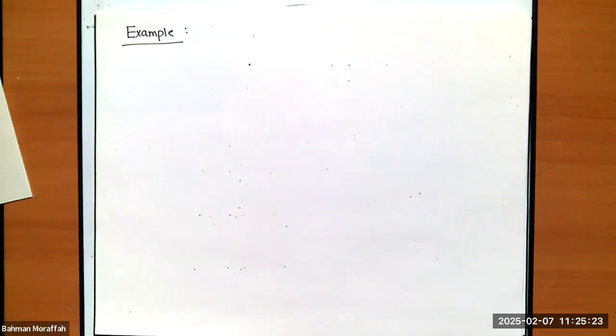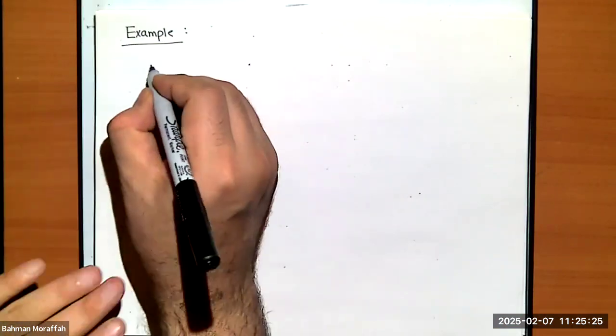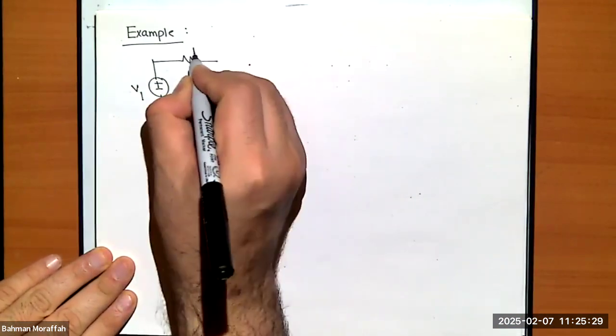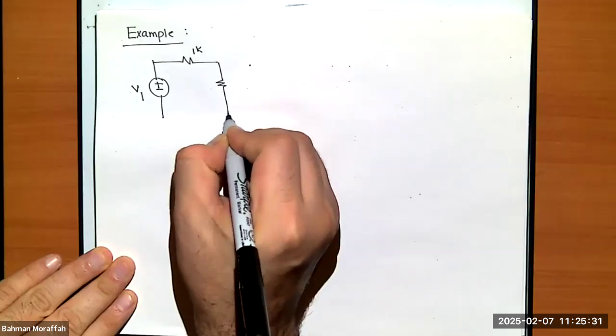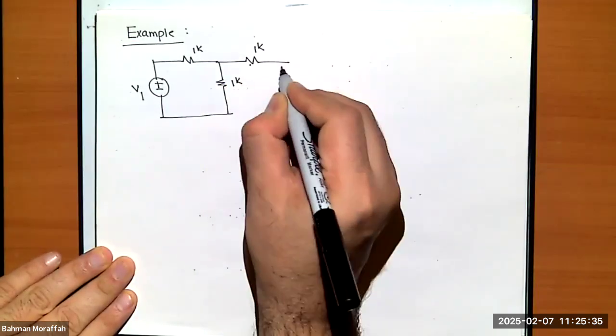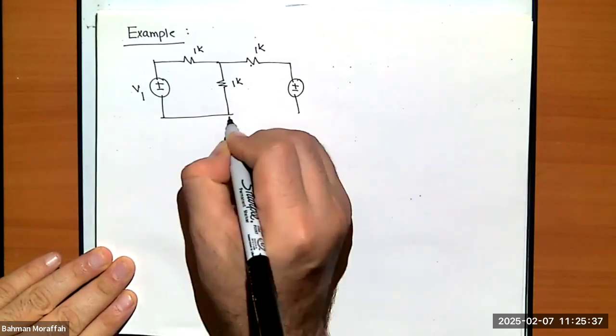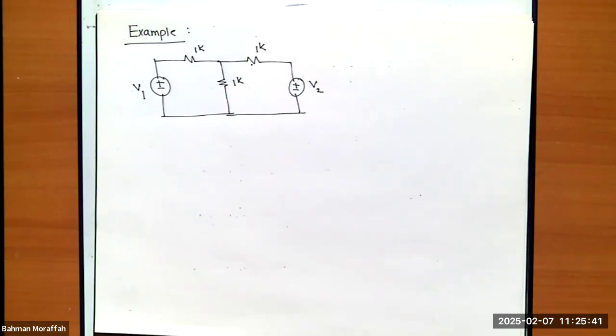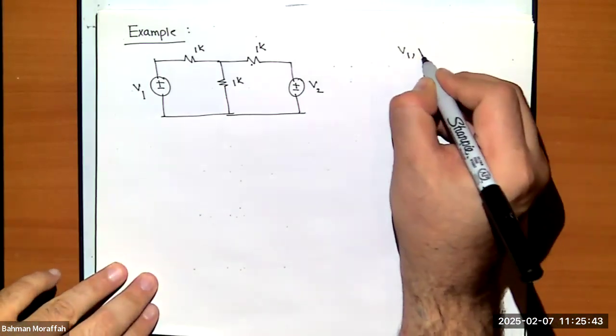Let's say I am given this circuit. I have a voltage source with value V1, a 1K resistance here, another 1K resistance here, a 1K resistance here, and V2. Let's say V1 and V2 are given.